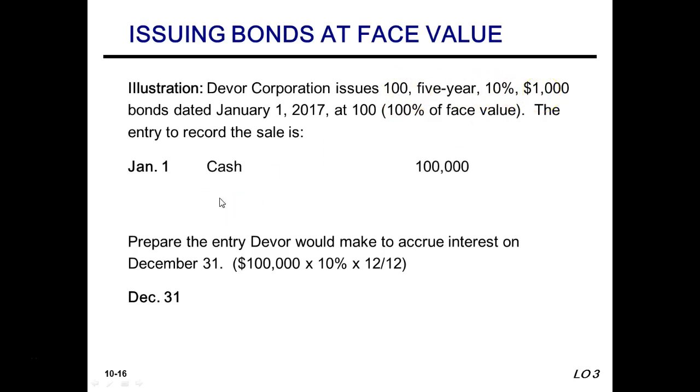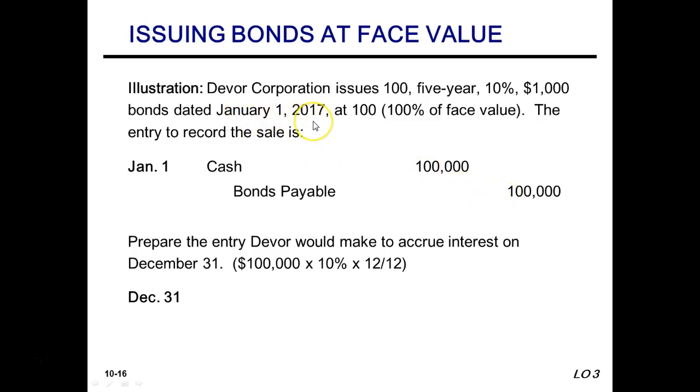So the journal entry to record the sale is Dever Corporation receives cash. We calculated that by taking the 100 bonds, issued in increments of 1,000, to get 100,000. So we're going to debit cash and credit bonds payable.